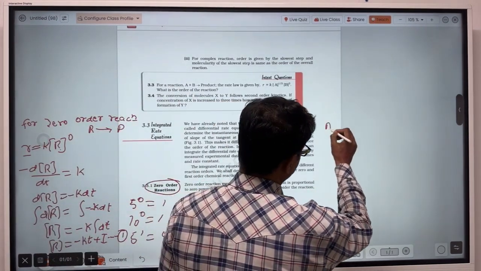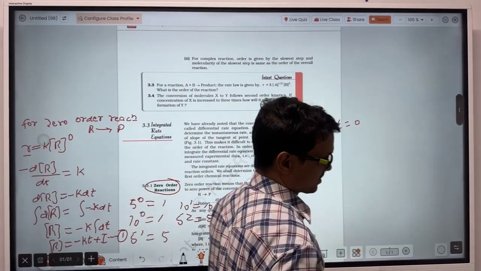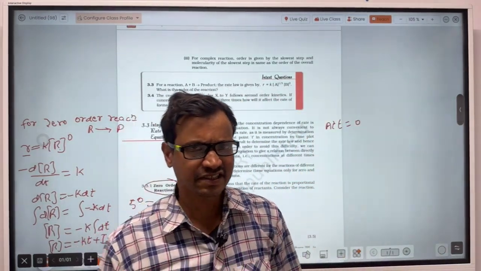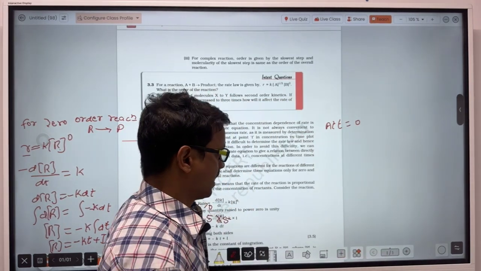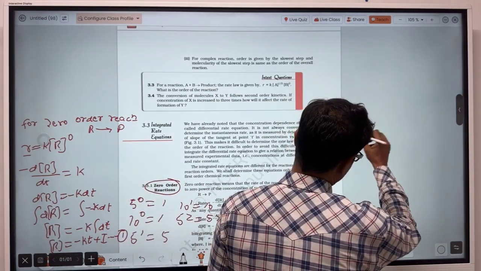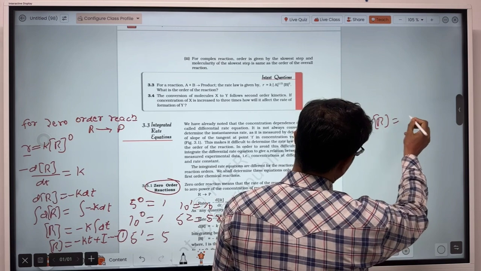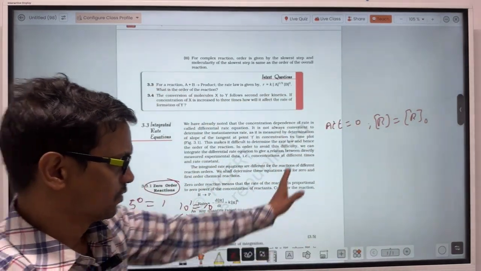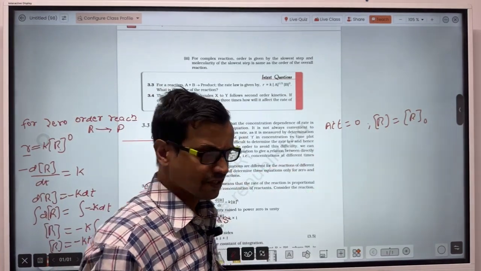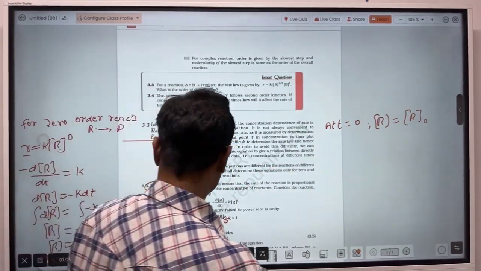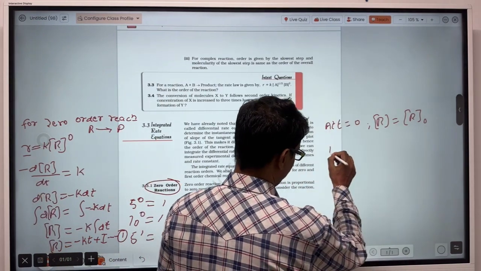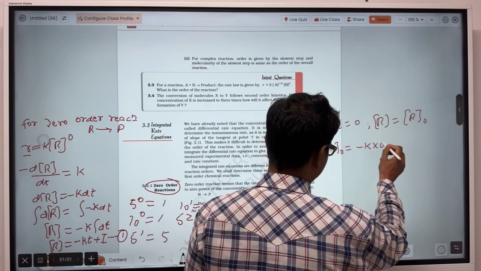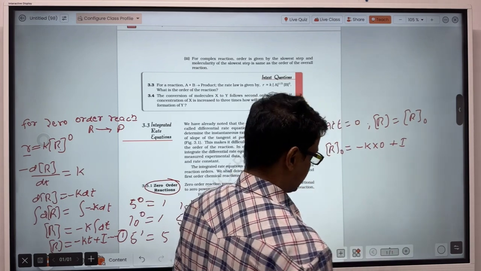Now at t equal to 0, that means when the reaction has just started, the concentration of reactant will be equal to the initial concentration of reactant. So in this equation, put the values: R naught will be equal to minus k into 0 plus the constant of integration.